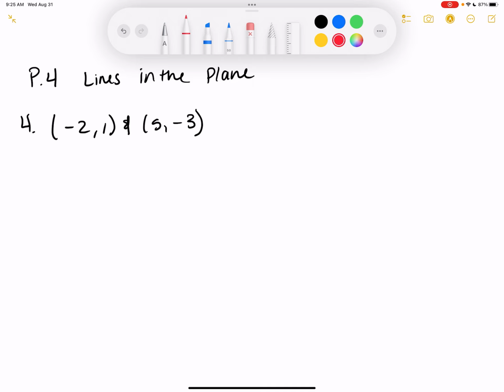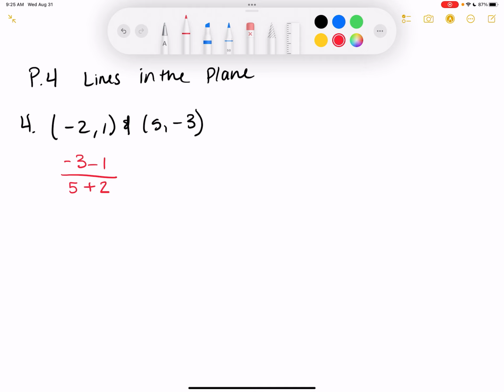So how would I find the slope? Slope is y2 minus y1 over x2 minus x1. So what am I plugging in? It's -3 minus 1 over 5 minus -2.